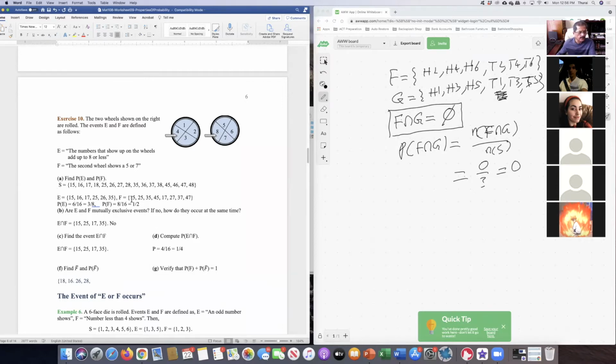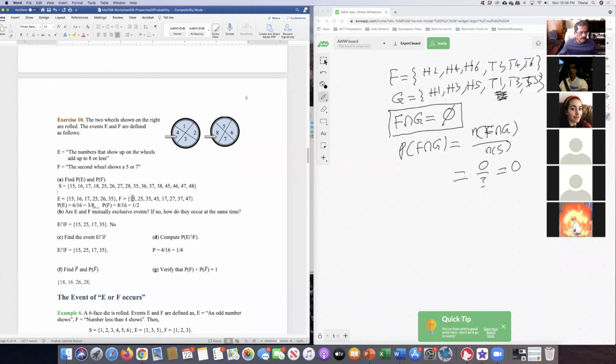So basically you need to find everything that's not in F. So 1, 5 and 1, 7 are in F. So therefore 1, 8 and 1, 6 are in the F bar.